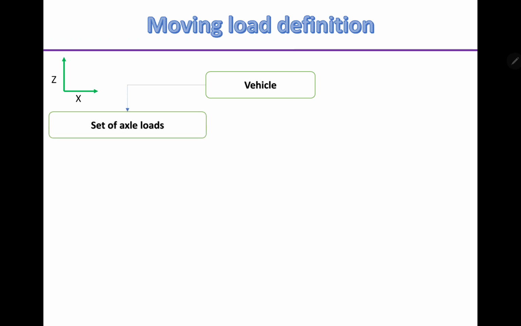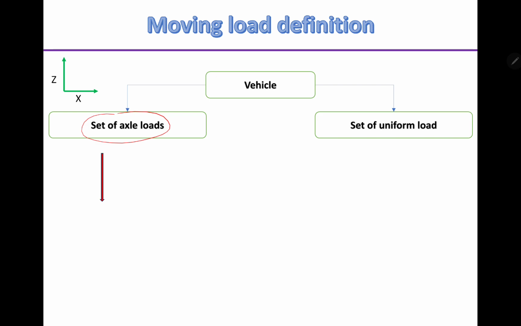In order to define a vehicle, it contains a set of axle loads or a set of uniform loads. Axle loads are concentrated point loads. This is the x-axis and this is the y-axis. Each load is defined by its weight, which acts in the minus z global direction, the direction of gravity.